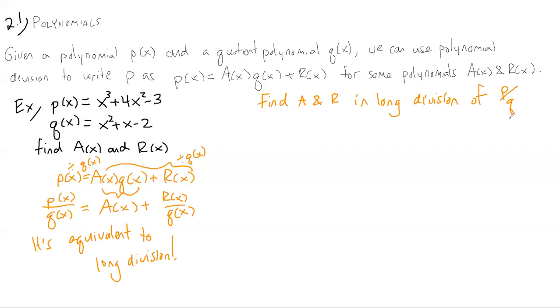So I will just set up my long division. I could also use synthetic division, but I should emphasize here the reason why it's definitely long division, or any division, is because Q is not linear.